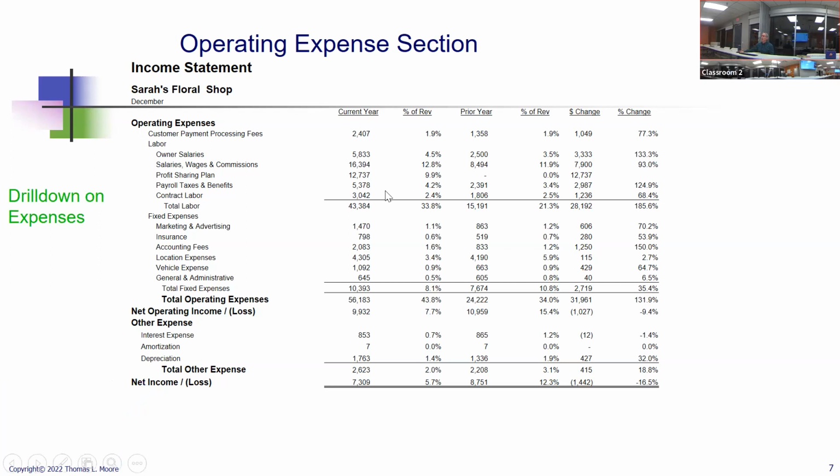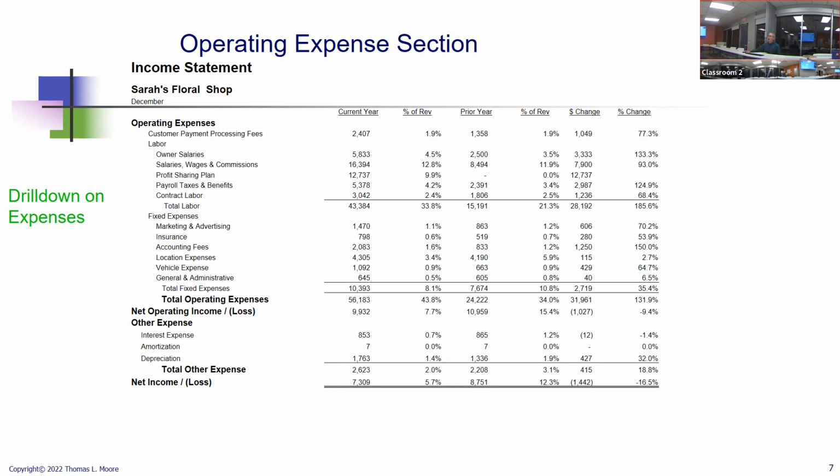So one of the things that's important to see here is that, as I mentioned earlier, under the cost of goods sold section, a lot of these costs are rolled up. And the numbers that you're looking at on this report are consolidated numbers. You should be able to go to that expense line in your income statement.